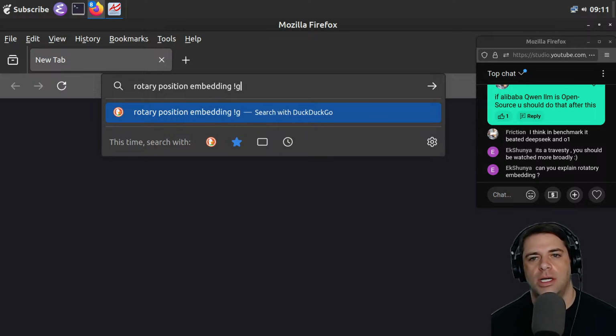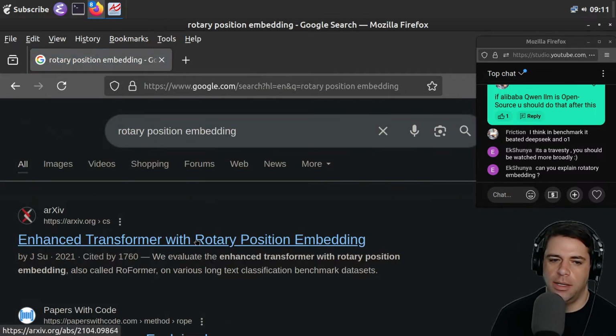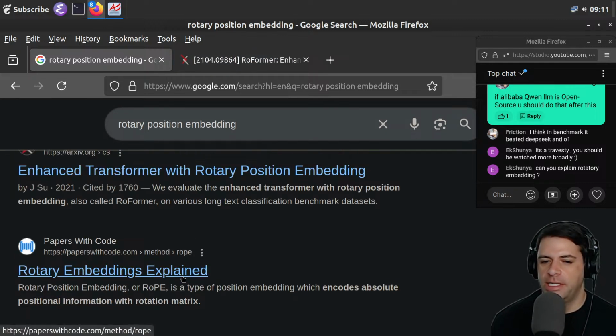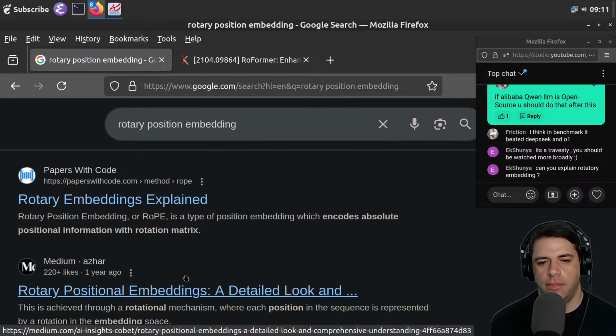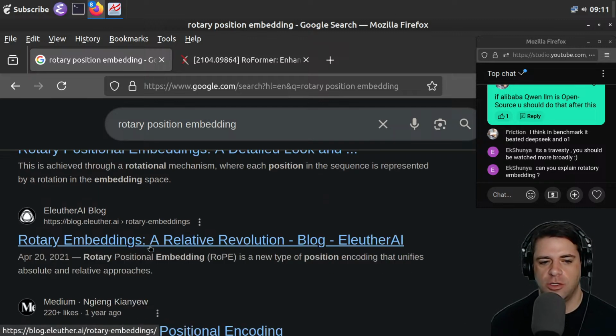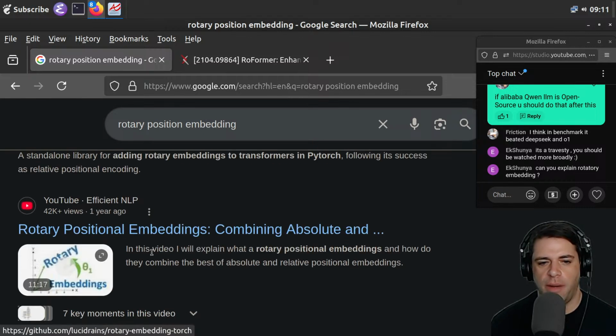And it's kind of similar in spirit to the original sine and cosine embedding. I forget what that's called in the first attention paper, but it has nicer mathematical properties.